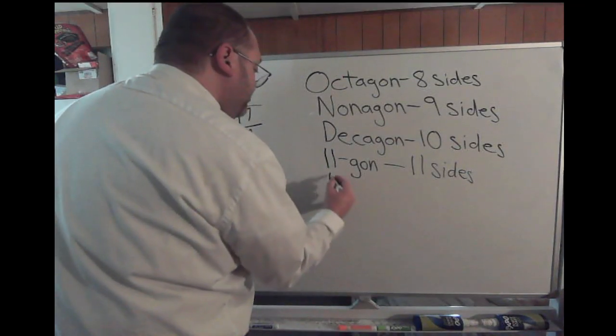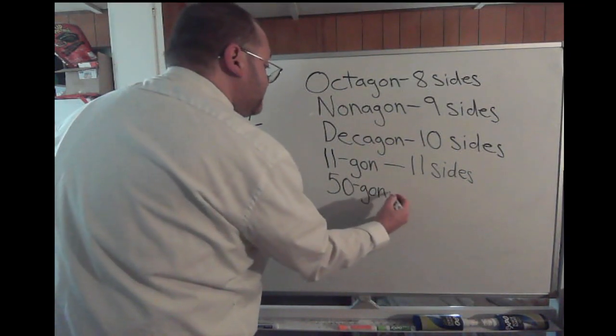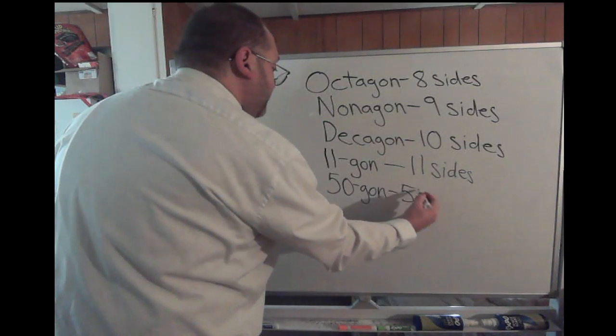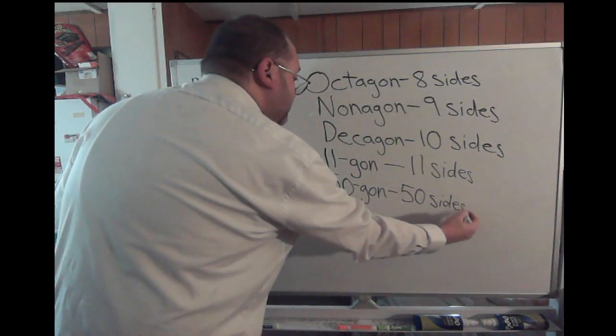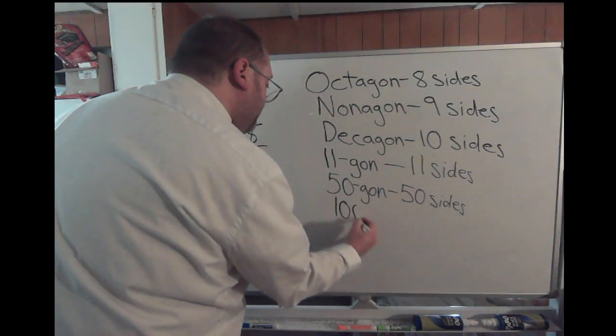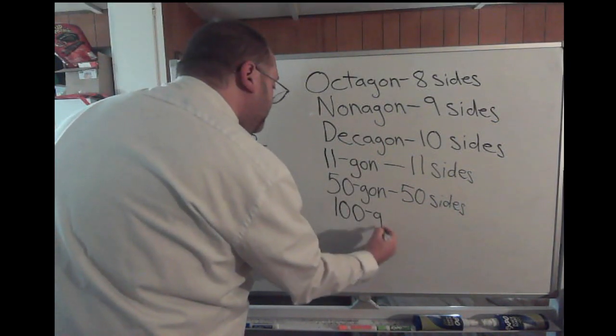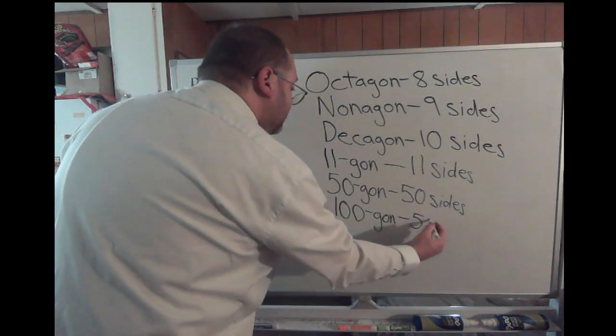Then you have a 50gon. You could have a 50gon, and don't even try to draw those. That would be horrific. It has 50 sides. Yes, I suppose you could even have a 100gon.